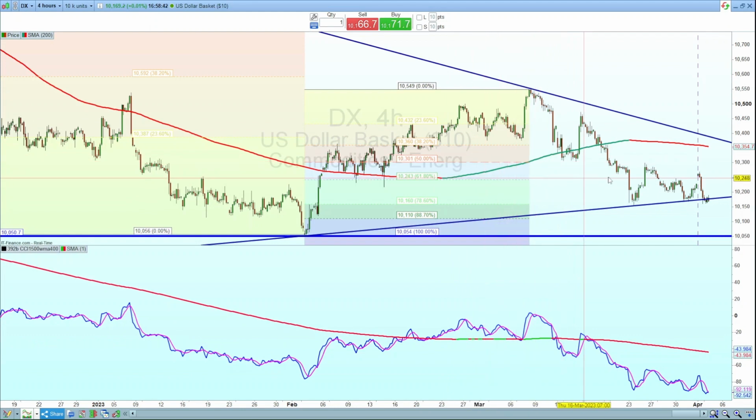But once it penetrated that 61%, that was our first sign. Well, the first sign before was when it dropped below the moving average on the CCI. But then it confirmed by dropping below the 61% retracement to the downside and sort of bounced off this ascending diagonal trend line during that period over those days.